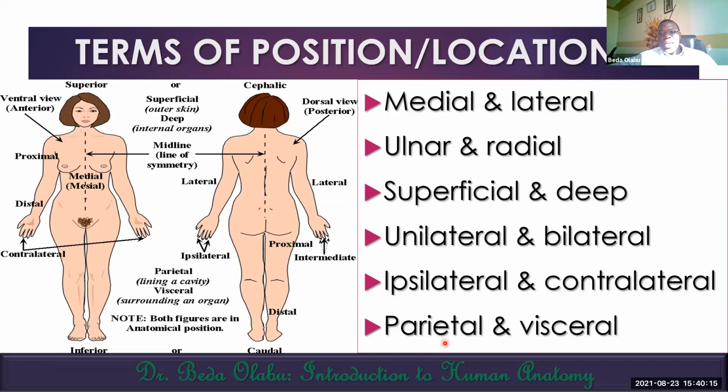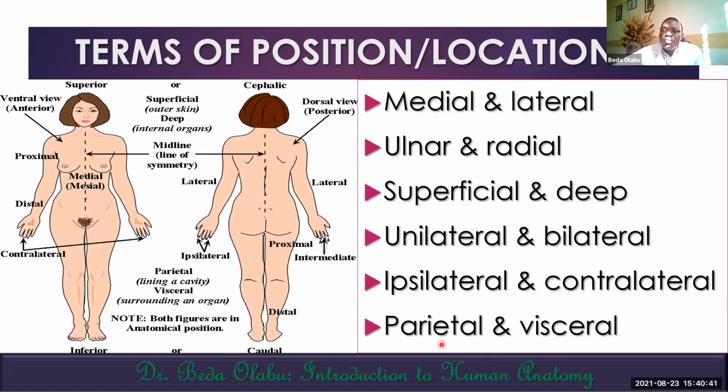Another term we're likely to come across, though not so much again in terms of describing relationship of organs, but we may get it in naming some layers in the body and also in embryology. The term is parietal and visceral.